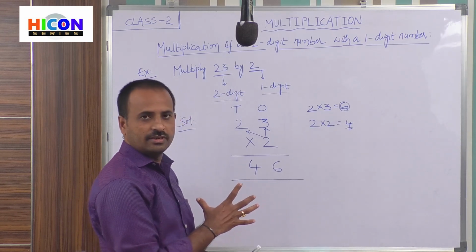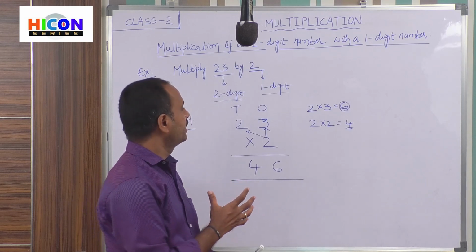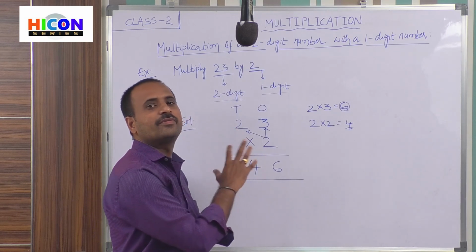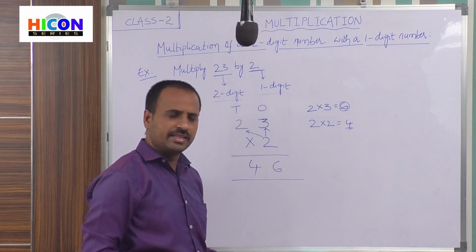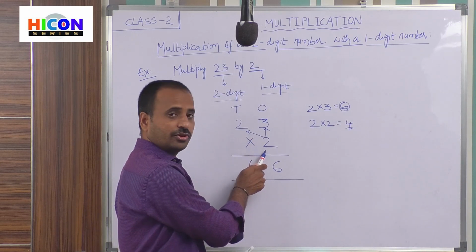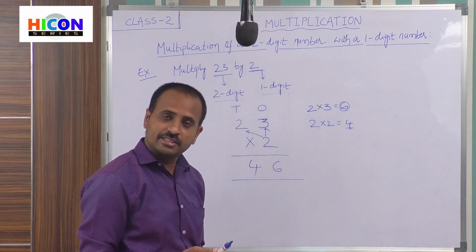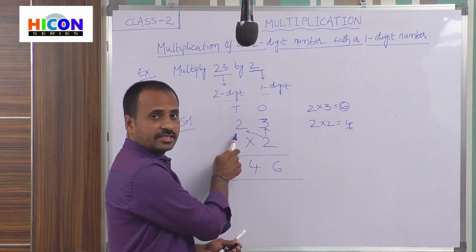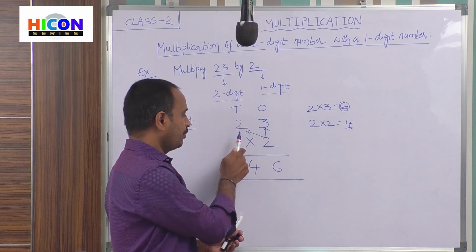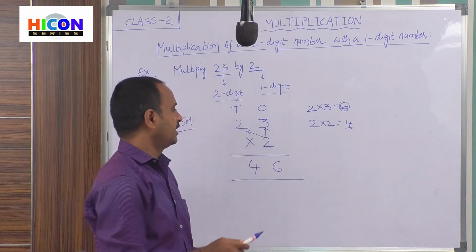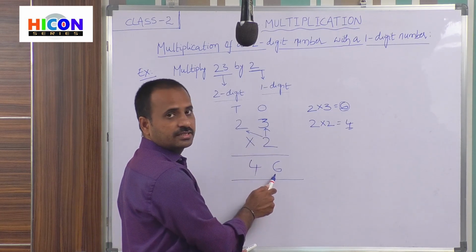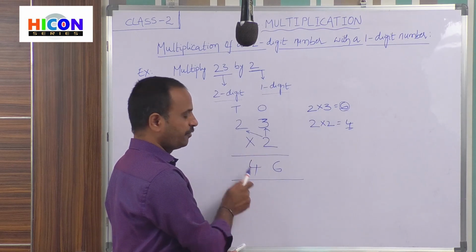Children, in this way we have to multiply a 2-digit number with a 1-digit number. First multiply the digit in the ones place with 2 and write the product under the ones place. Next multiply the digit in the tens place with 2 and write the product under the tens place. That is, 2 threes are 6, 2 twos are 4.